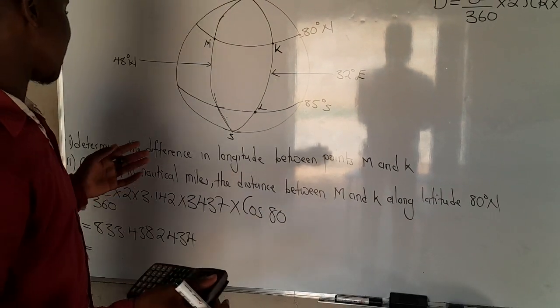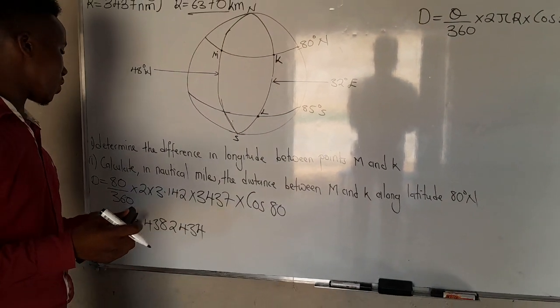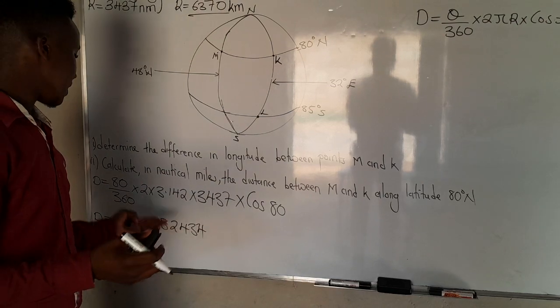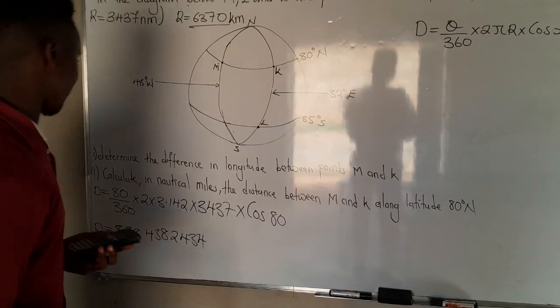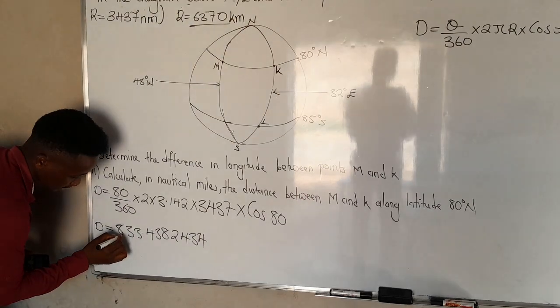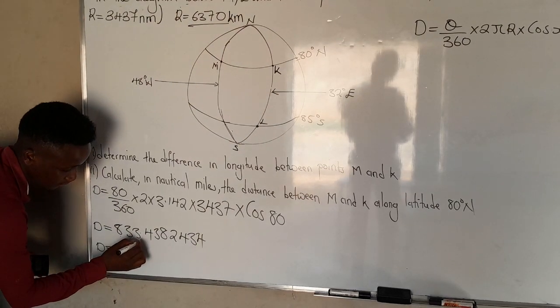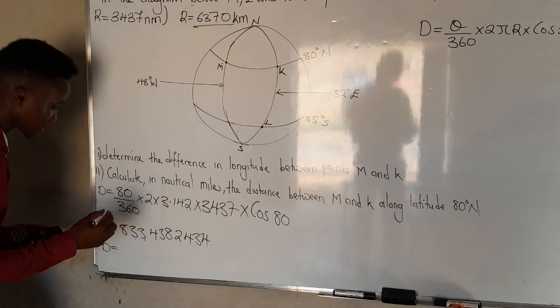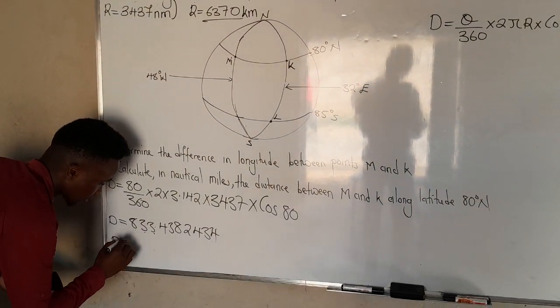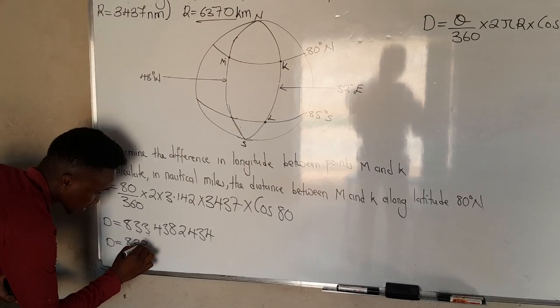If the degree of accuracy is not specified, leave your answer correct to 3 significant figures. So start counting. This number is significant, this one is significant, this is also significant. I'll teach you how to determine significant figures. Since the 3 are already significant, I'll say 833.